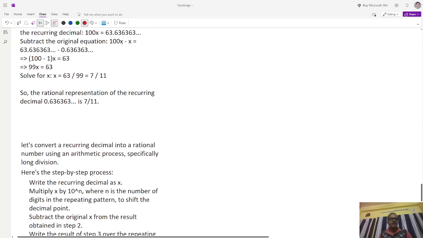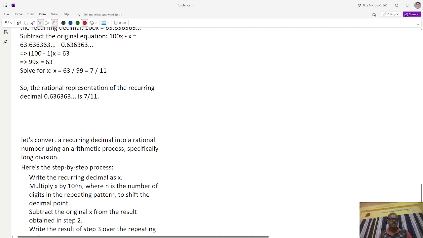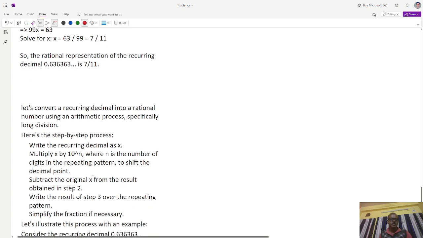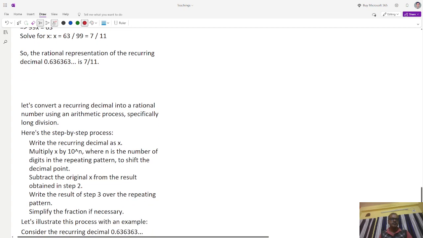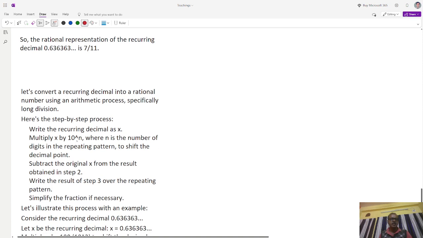Let's convert a recurring decimal into a rational number using an arithmetic process, specifically long division. It is the alternative process. Write the recurring decimal as x, multiply x by 10 to the power n, where n is the number of digits in the repeating pattern, to shift the decimal point.